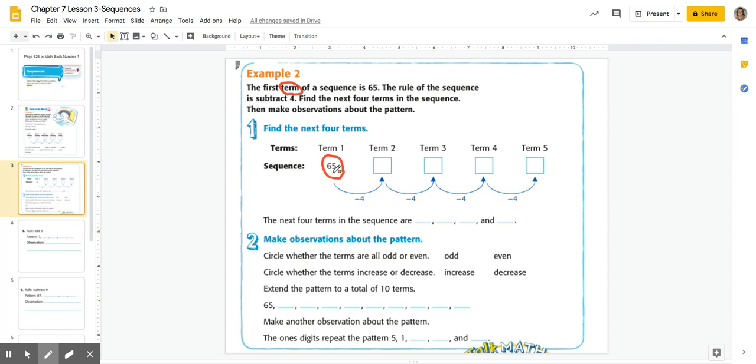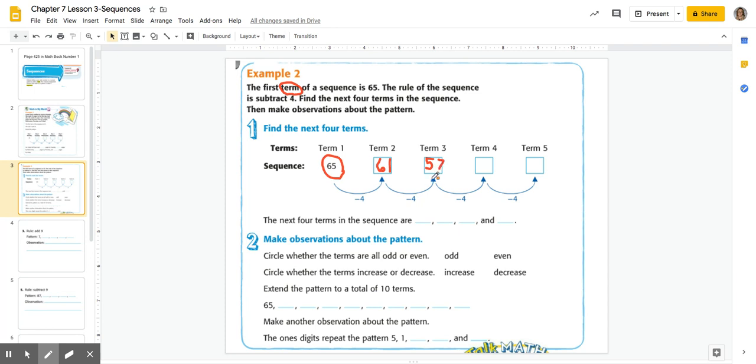So we're going to start at 65, and we're going to take 4 away. 65, 64, 63, 62, 61. All right, now we're going to subtract 4 again. 61, 60, 59, 58, 57.